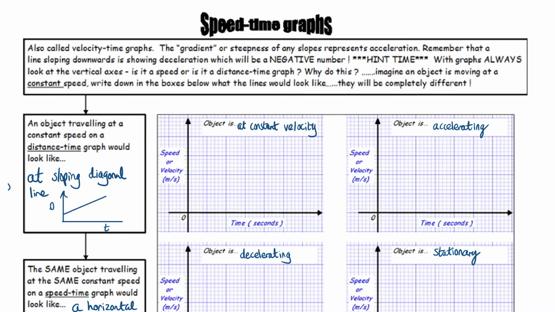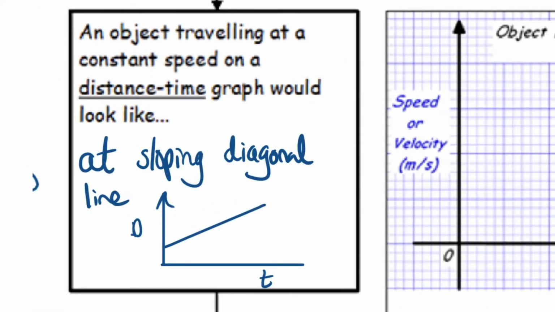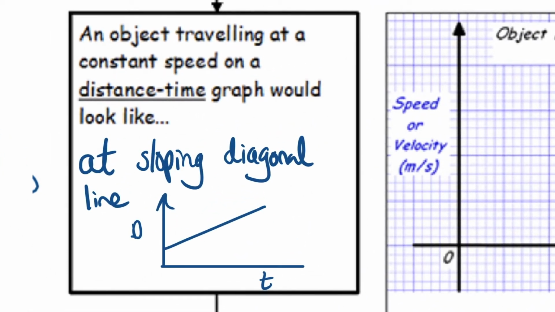But what I want to do now is just draw your attention to this box here. It's asking you to think about what constant speed looks like on a distance time graph. It's a sloping line. Obviously, you fill in your booklet to show that. We looked at that last week.